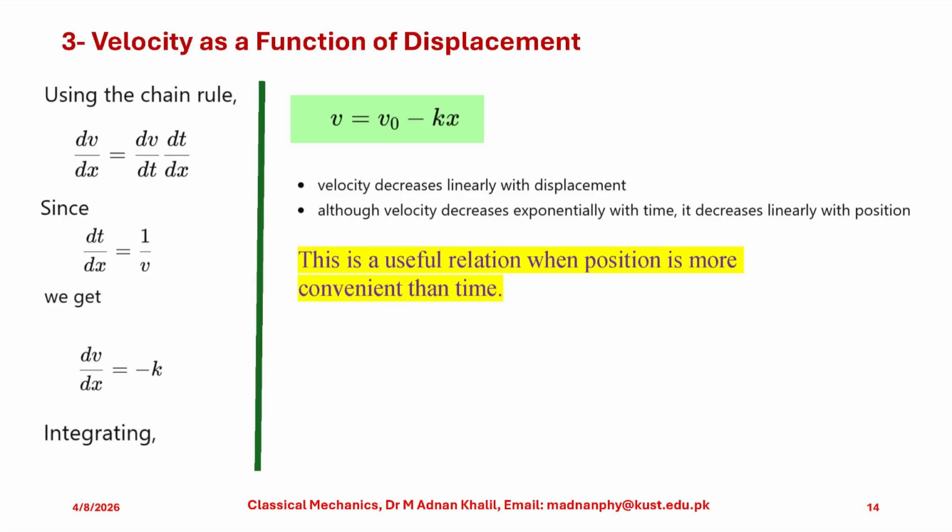So if the medium is more resistive, meaning larger k, the speed falls more quickly with distance. Now this relation is especially useful when the position is easier to measure, or when the problem is given in terms of distance traveled rather than in terms of time.